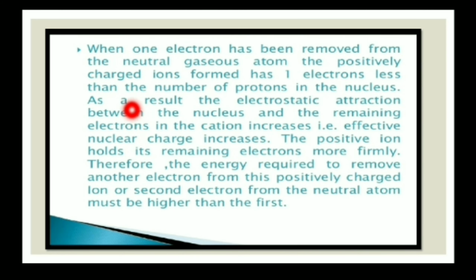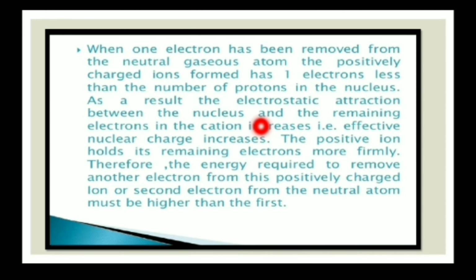When one electron has been removed from the neutral gaseous atom, a positively charged ion, a cation, is formed. The size of the cation decreases, and the effective nuclear charge on the remaining electrons increases.